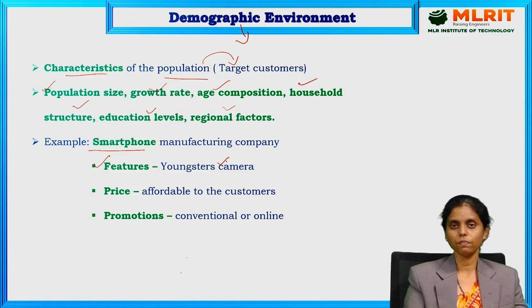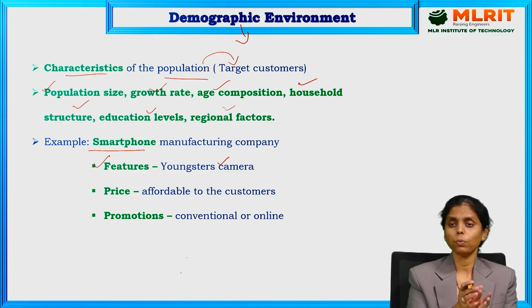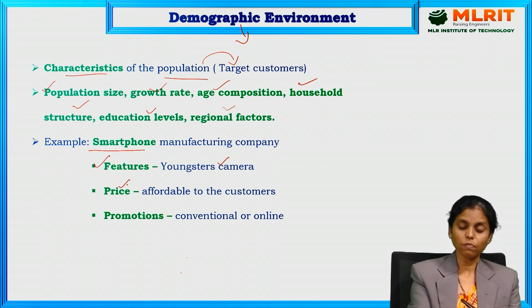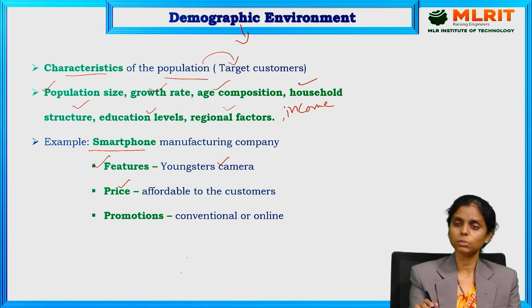Instead, if the same mobile is used by a professor, what will they look at? The data storage capacity. That means depending upon certain demographics, it will be influenced. Then price of a product, affordability. That is, income levels is also one of the elements of demographics. So what is the income of our target customer? Depending upon that, we need to select the price of our product.